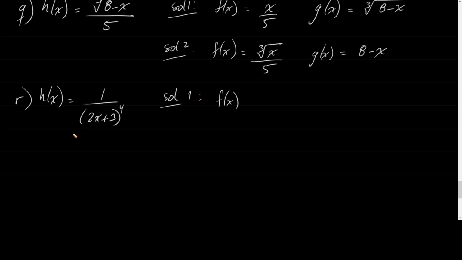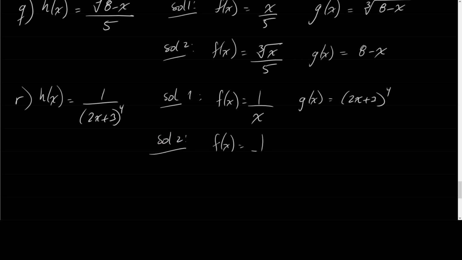I see I have a fraction, so I could say something like f of x is equal to 1 over x. And then g of x could be equal to the entire denominator, 2x plus 3 to the 4th. Let's look at another solution. We could say something like f of x is 1 over x to the 4th, and g of x could simply just be 2x plus 3.